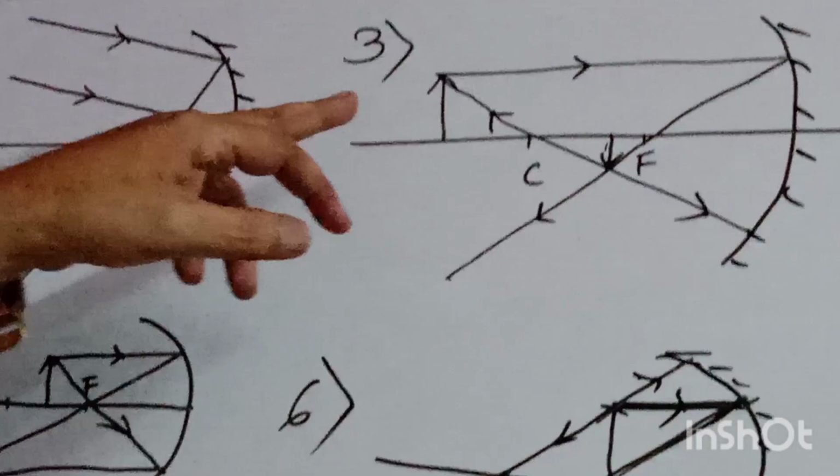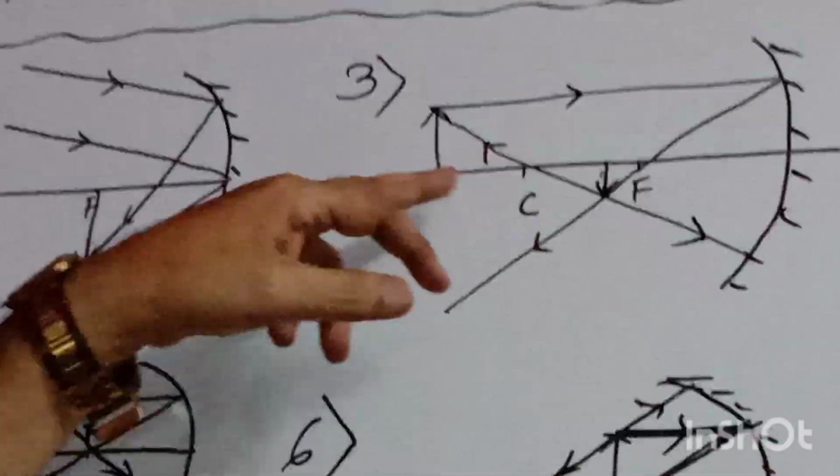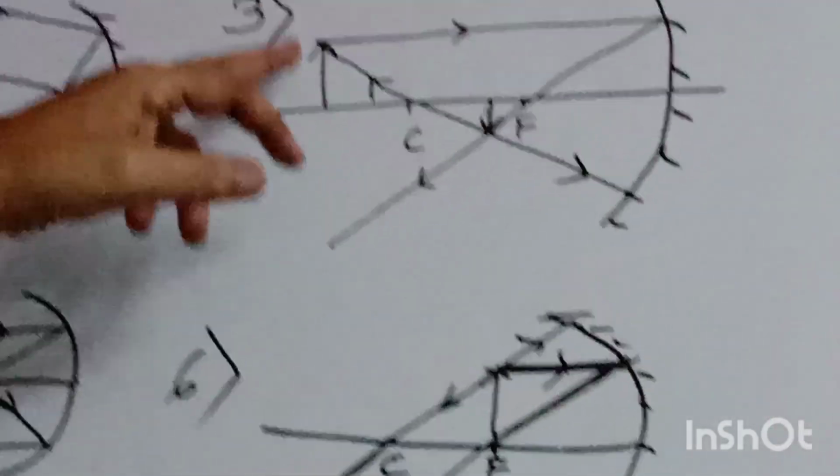And here the object is located beyond C. C means center of curvature. Here is the object, located beyond C, and we draw the ray diagram in this way, parallel to the principal axis, and it must go through the focus in this way.